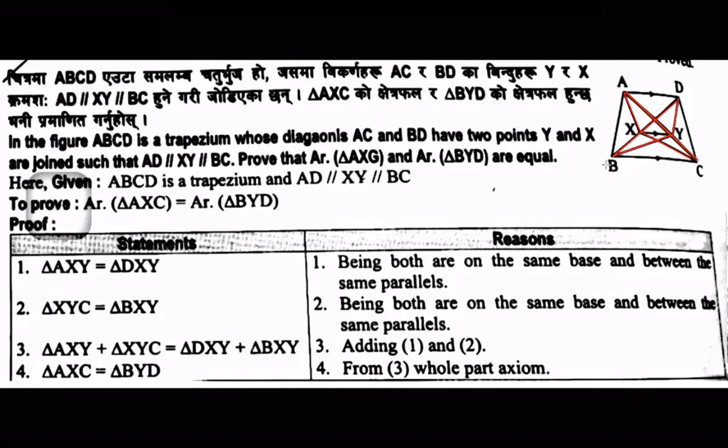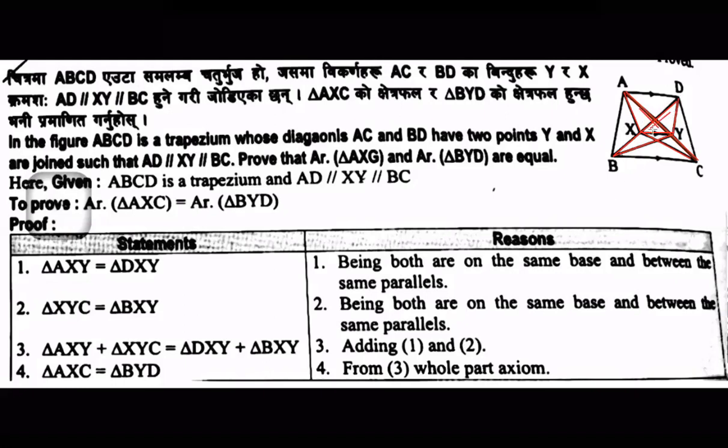In our first theorems, whatever theorems we have learned, if two triangles are standing on the same base and between the same parallel lines, then they are equal.